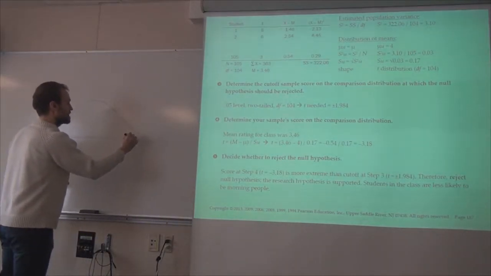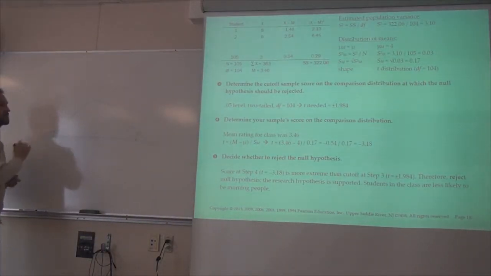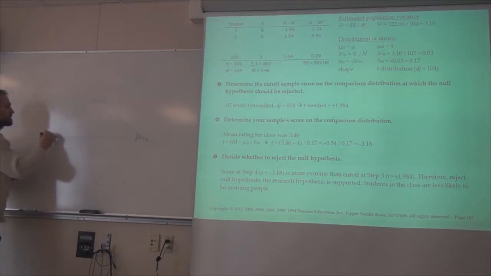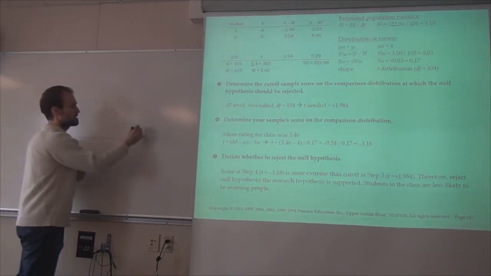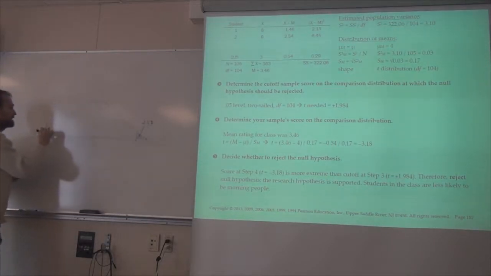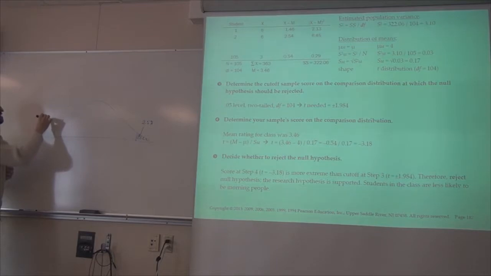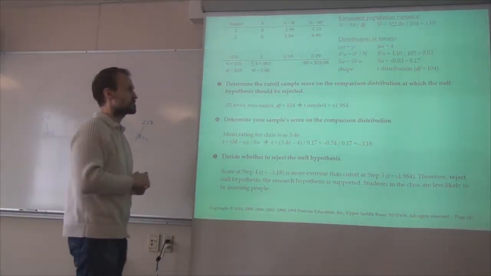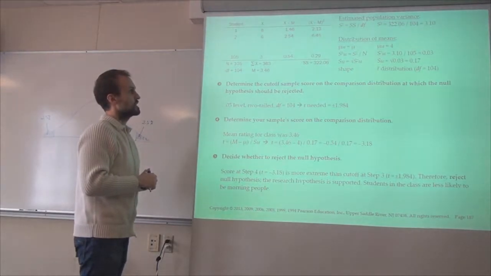I don't know if the average rating, if we're more or less morning people, I suppose, for our class. So I want 2.5% here and 2.5% there, just to cover either side. I'm not sure if it's going to be more or less.